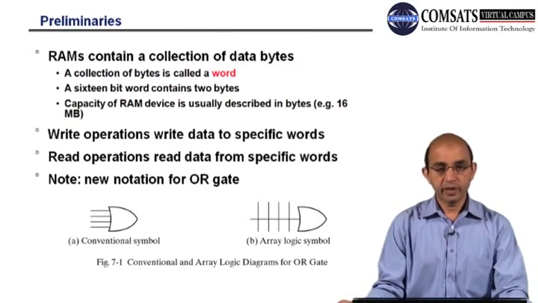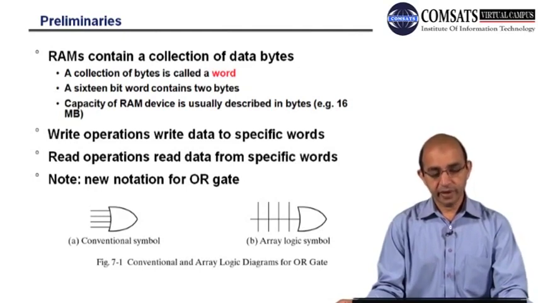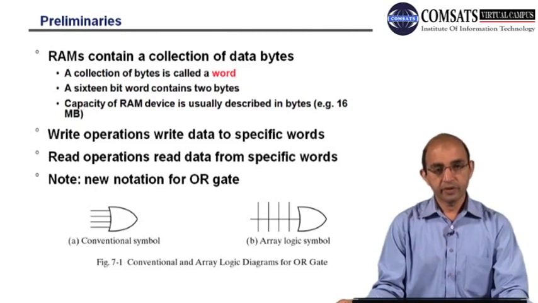We normally gauge the capacity of RAM in bytes. For example, you normally come across those different words, MBs and GBs, so 16 MB means 16 megabytes. We can perform different operations: a write operation for writing data to a specific word, and a read operation, where we can read data from a specific location.